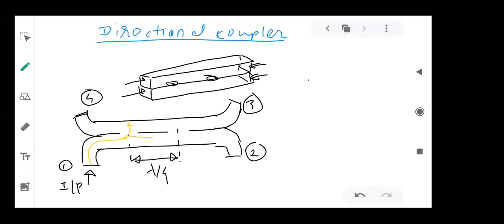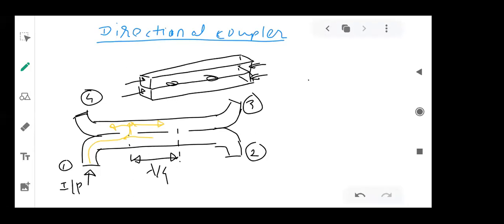Once again, I will emphasize that how much power will get coupled in the upper waveguide depends on the size of the aperture. So a little amount is getting coupled in the upper waveguide, and there also part of the signal moves towards the left side, and part of the signal moves towards the right hand side. The division of the power is equal.